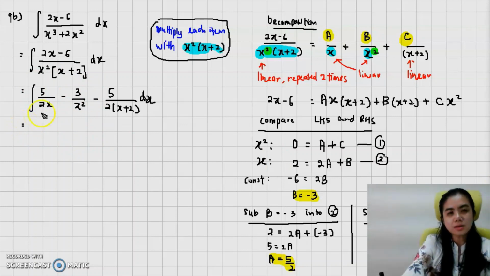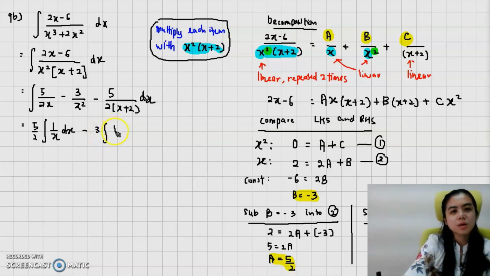So before we integrate, you can think of this one as 5 over 2 integrate of 1 over x dx, and this one is minus 3 times 1 over x squared dx, and this one is minus 5 over 2 integration of 1 over x plus 2 dx.